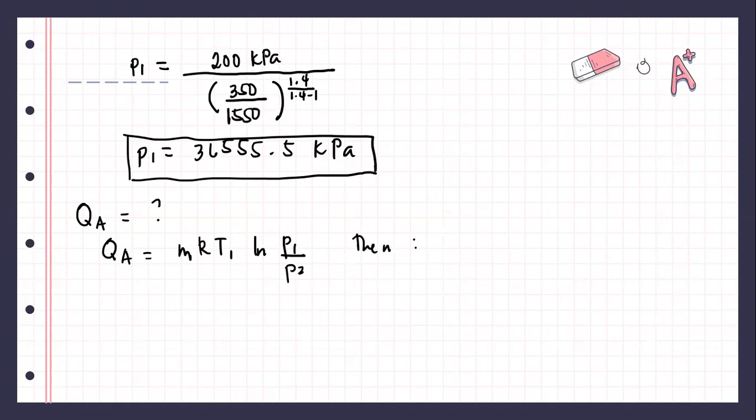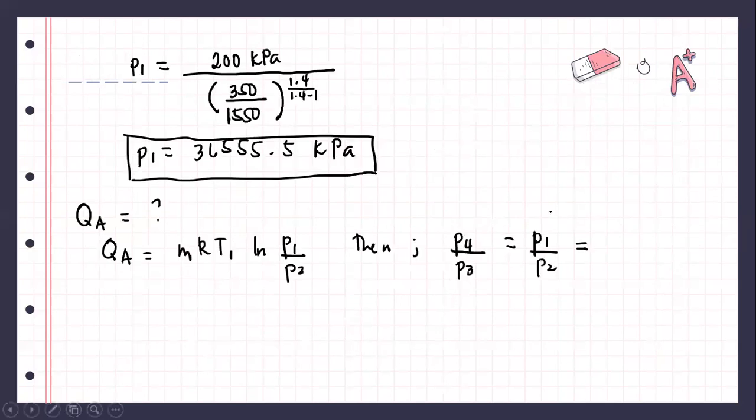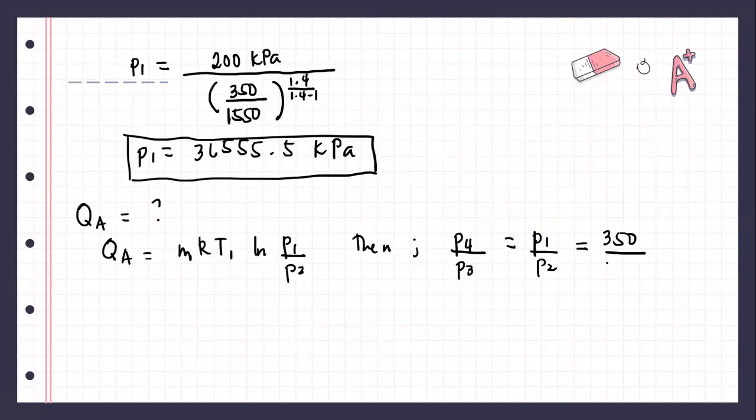Then we have P4 over P3 is equal to P1 over P2, which is 350 over 200.